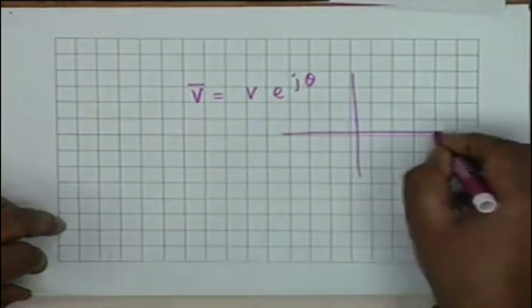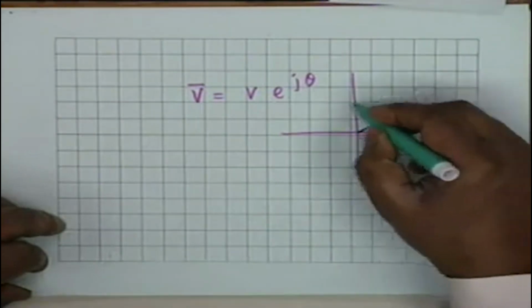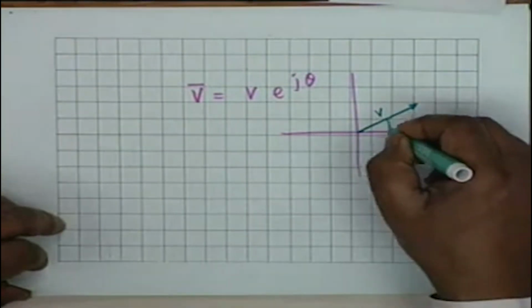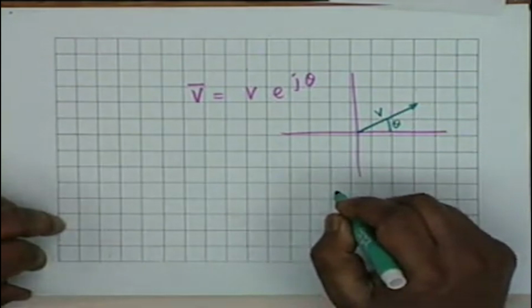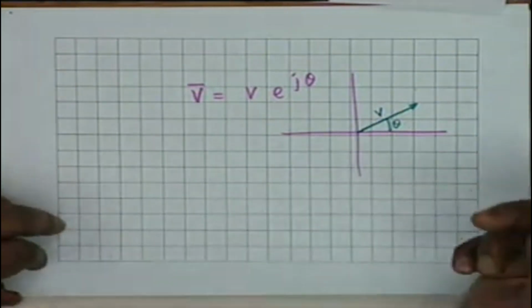In effect, this means that we have a vector whose length is V, and whose angle measured with respect to the x-axis is theta. So all sinusoids can now be represented as a phasor.